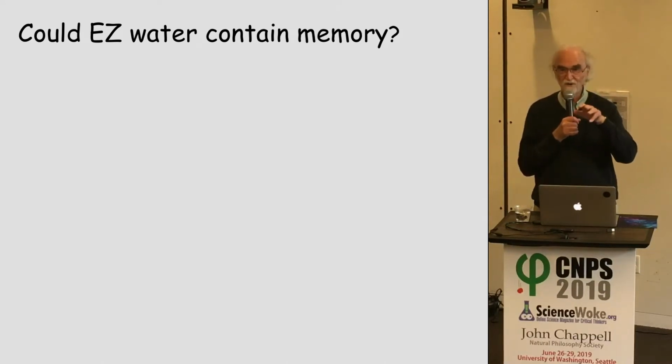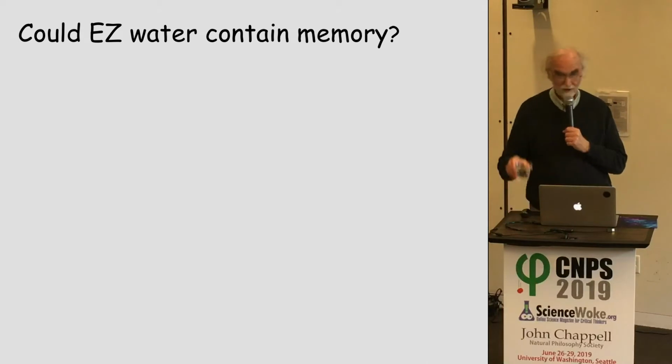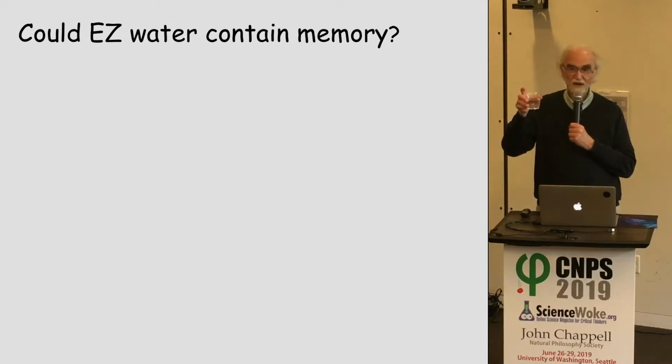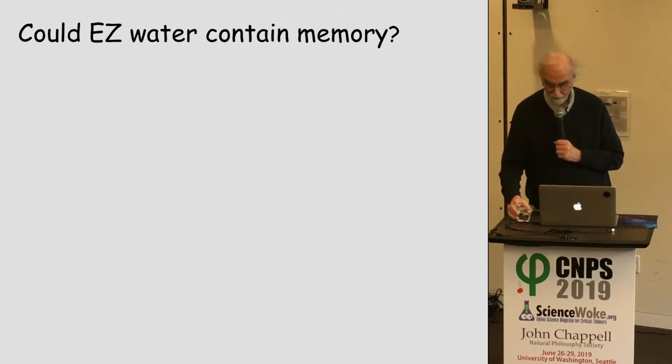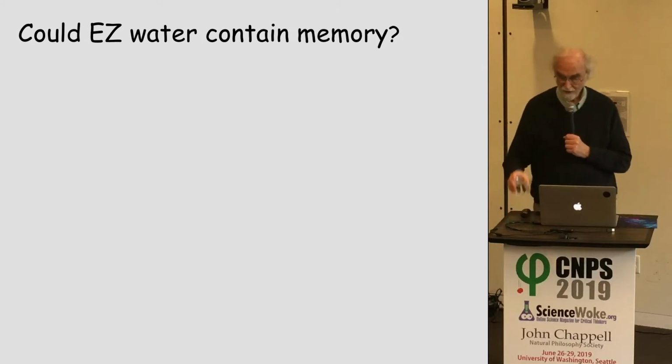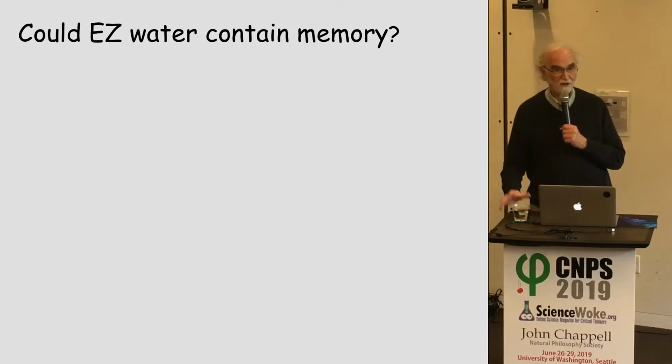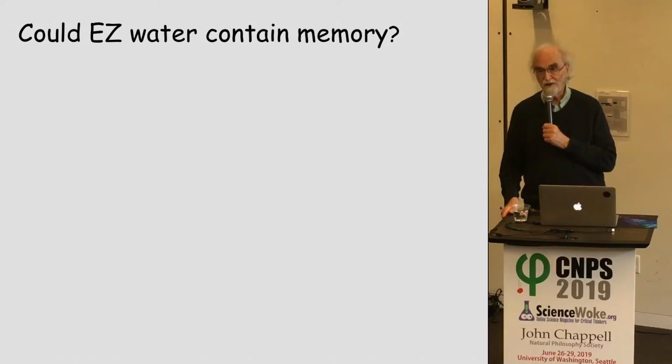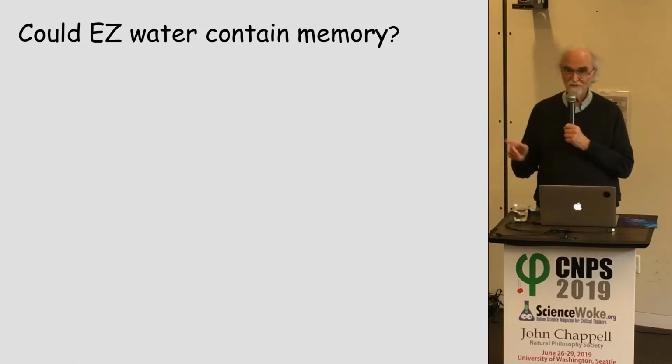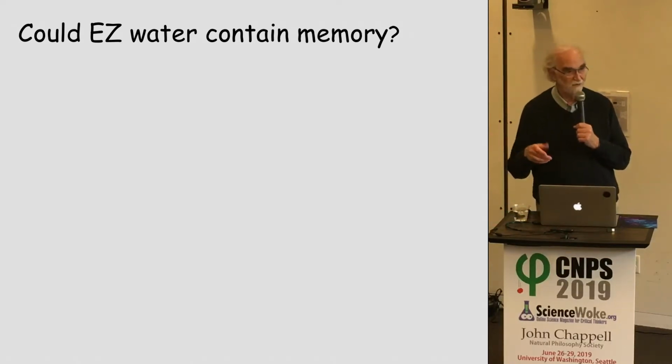Okay, so you know the story of Jacques Benveniste and his problems with water memory. It's inconceivable that this can store information. And when Jacques Benveniste did experiments demonstrating that, he lost his career. A committee was sent by Nature to investigate what he was doing, and they said it was a trick.